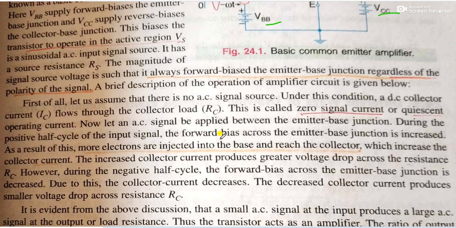The forward bias across the emitter base junction is increased, because we are giving a positive signal and the emitter junction is already forward biased. As a result, more electrons are injected into the base and reach the collector, which increases the collector current. The increased collector current produces a greater voltage drop across the resistance RC.